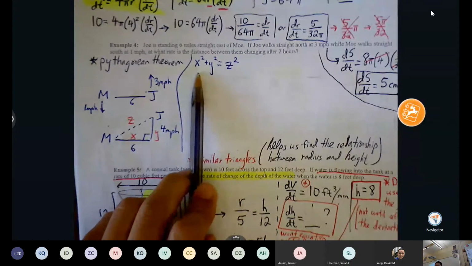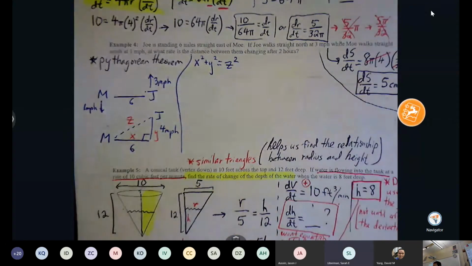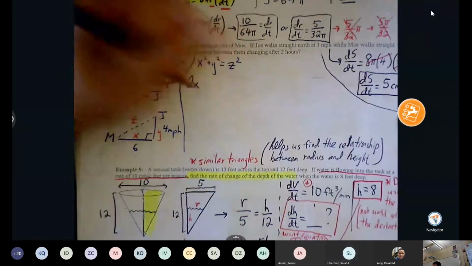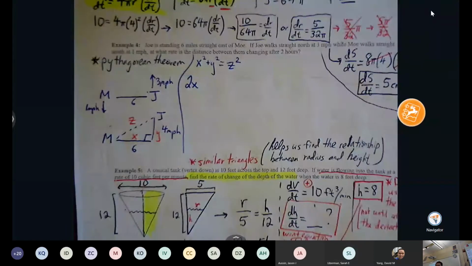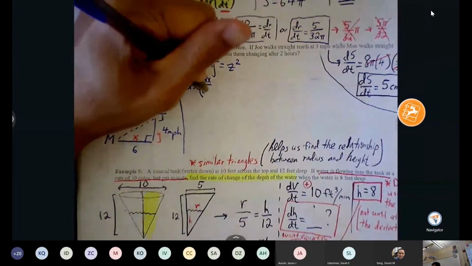Okay, so what's x squared's derivative? 2x. But we also need to include what? dx dt. Yeah, dx dt, right? Every variable is going to have its own time component.